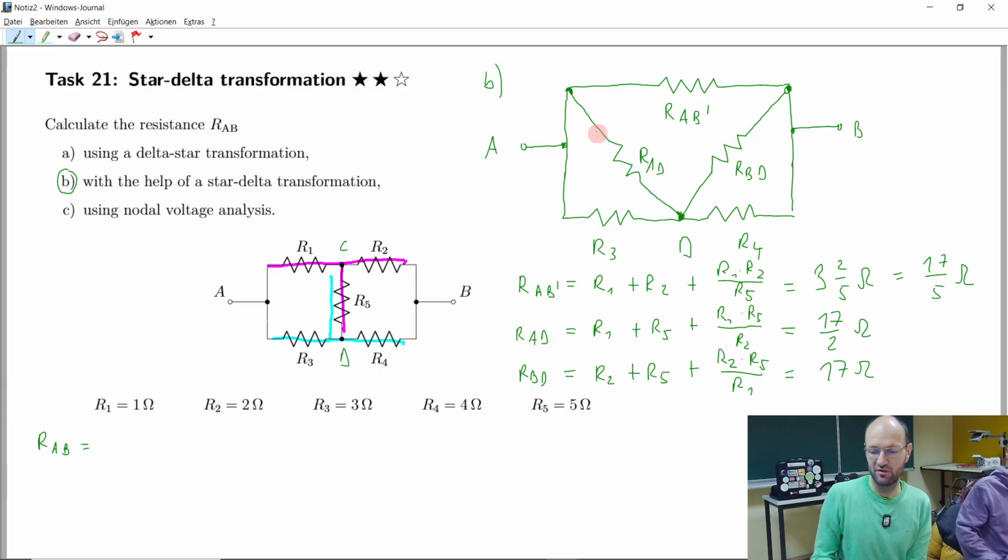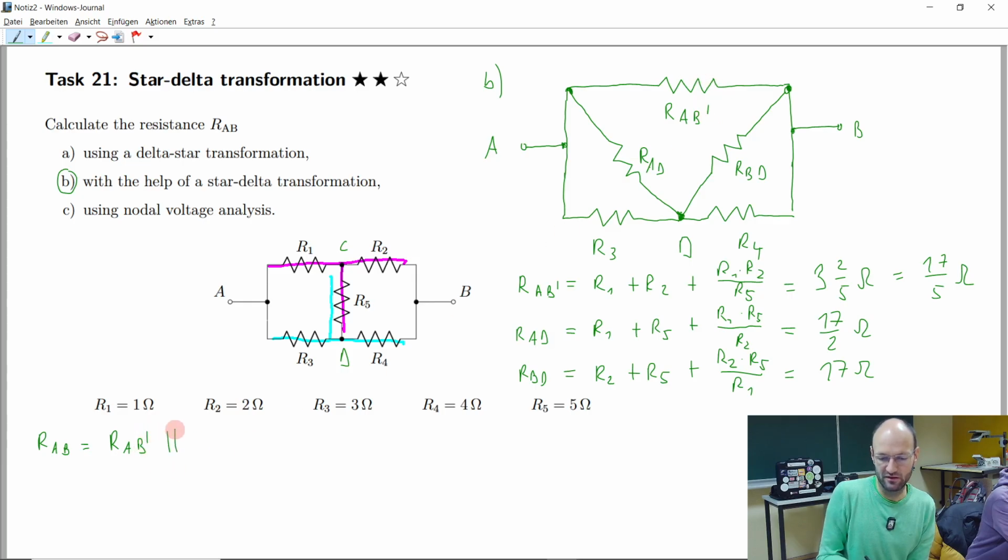Next step is we need to have a formula for the equivalent resistance of the circuit between the nodes A and B. Yeah, this is not the same resistor as here. It's the total equivalent resistance. So what do I need to write down here? At first we can start with RAB dash, this one there.